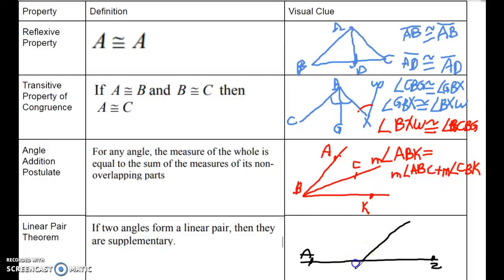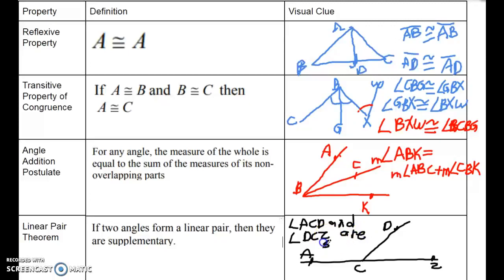Let's call this point C, and I've got D there. That's saying that angle ACD and angle DCZ are supplementary.